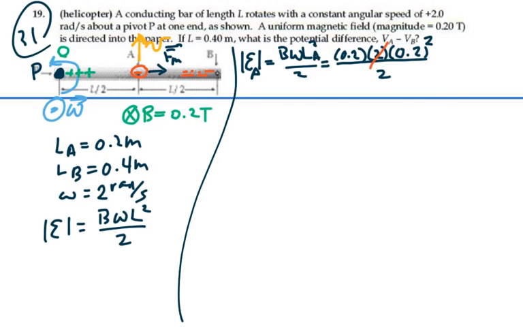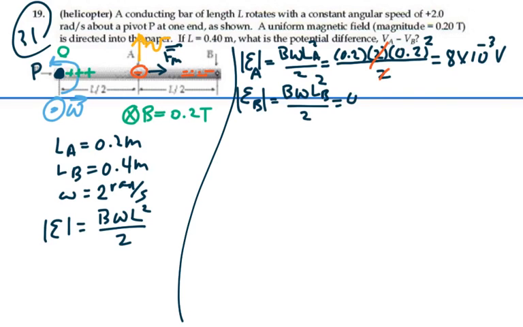The 2's cancel out. We have 0.2 times 0.2 times 0.2, which is 8 times 10 to the minus 3 volts, or 8 millivolts. The potential at point B, the magnitude of it, is B omega L_B squared divided by 2.